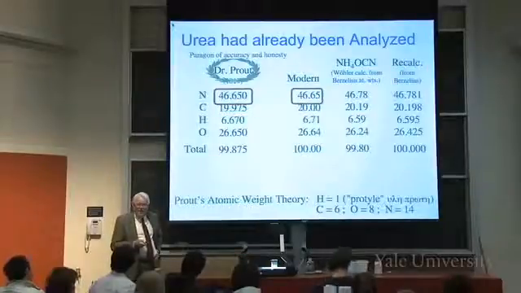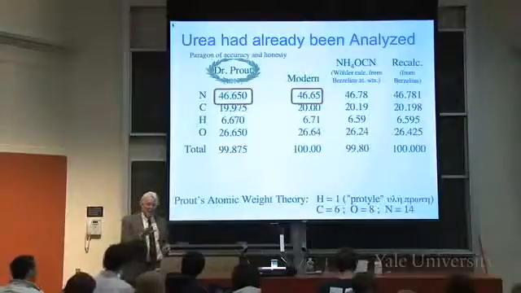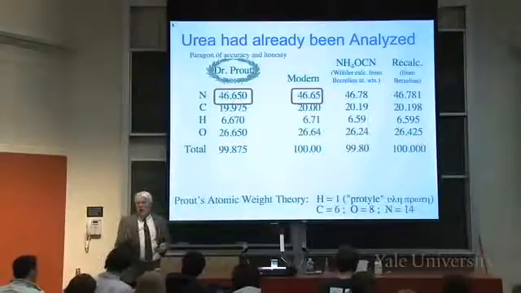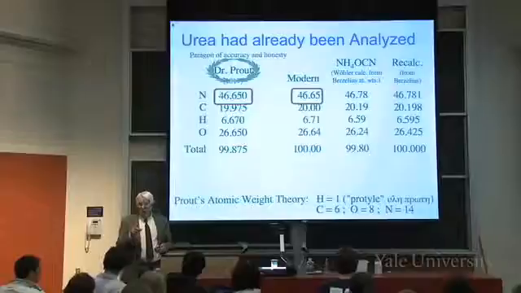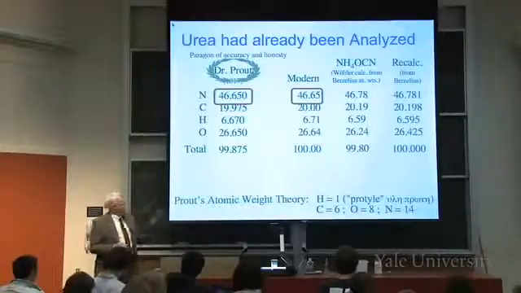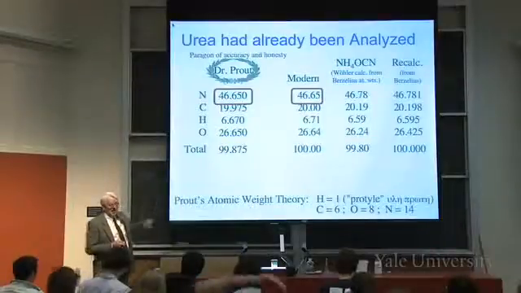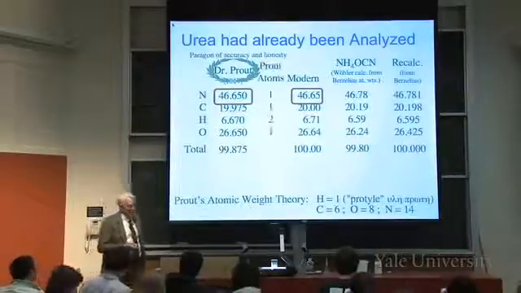So he had this theory. So what he did was do an approximate analysis, get about what the ratio is, figure out what the ratio should be in terms of small whole numbers, and then multiply them by his atomic weights. So these numbers are not really experimental numbers. They're more like Lavoisier, right?